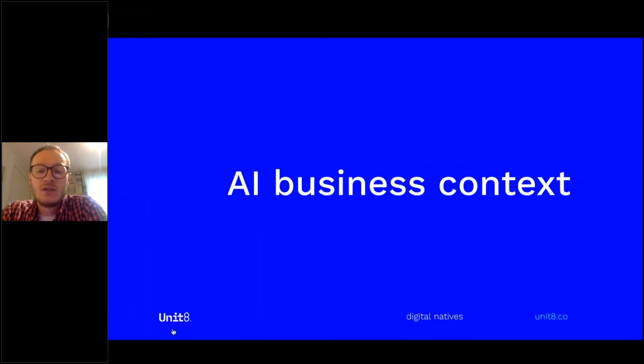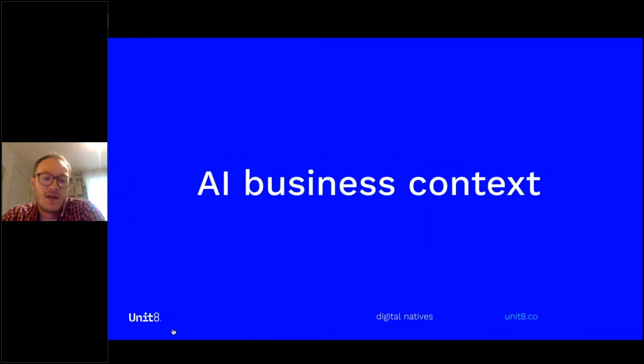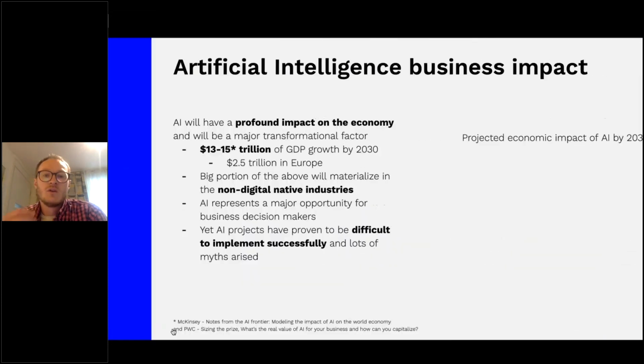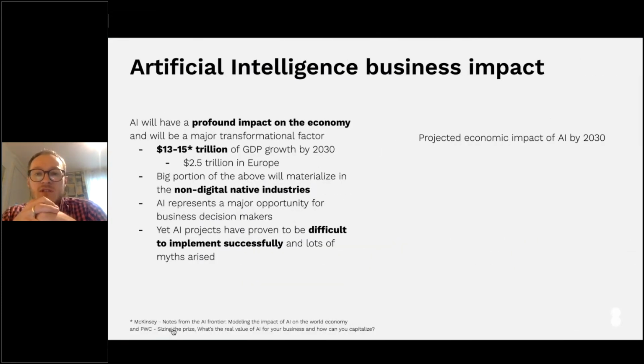So starting with the context, AI in the business context. Why is everybody talking about AI? Why has it been a growing topic over the last few years? Well, first of all, from the business impact perspective, we do believe that AI will have a profound impact on the industry and will actually force a lot of the companies to reinvent themselves and transform the way they deliver value for their customers.